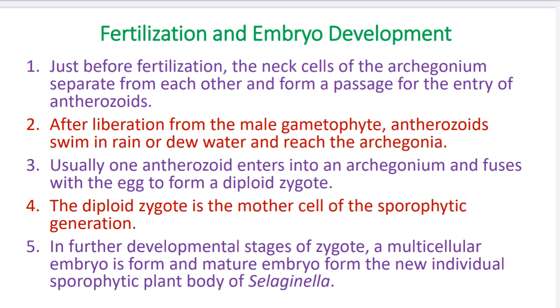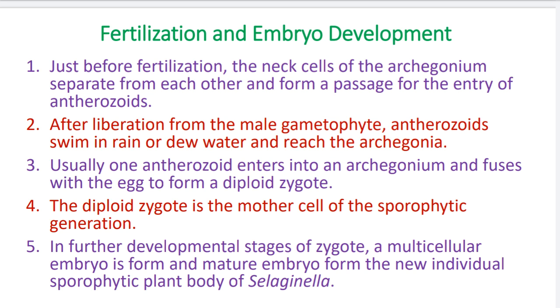Number 2, after liberation from the male gametophyte, antherozoids swim in rain or dew water and reach the archegonia. Number 3, usually one antherozoid enters the archegonium and fuses with the egg to form a diploid zygote.